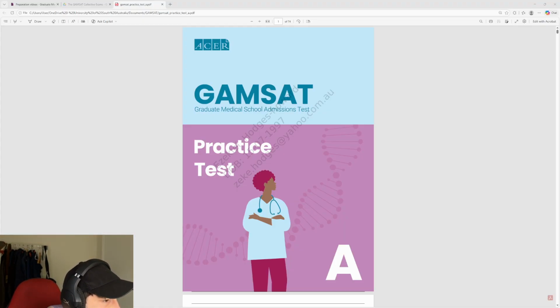Okay, which of the following is considered a ratio? Okay, so I want the ratio of the concentration of the compound in each solvent. So the ratio of 1 to 3.